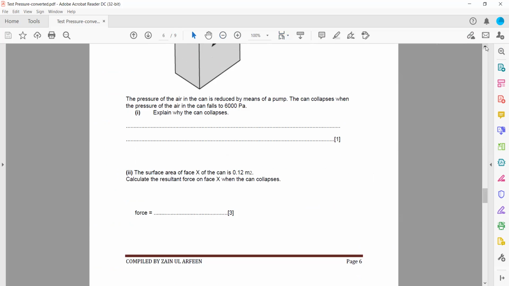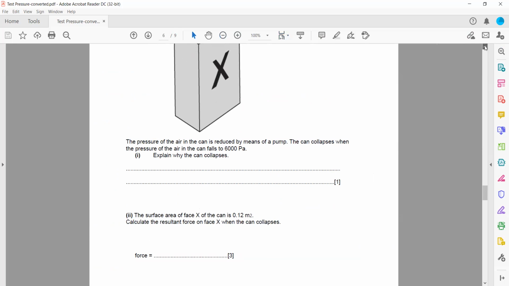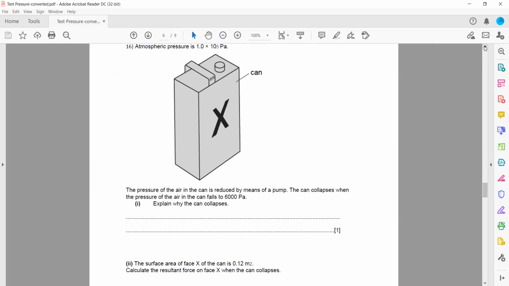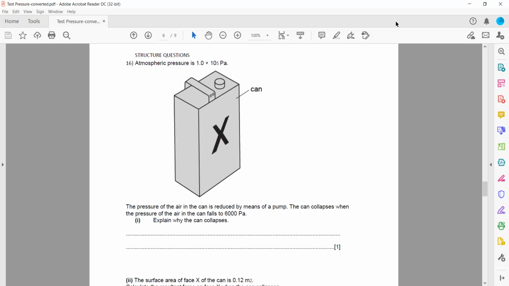In this question, this is a structure question. The atmospheric pressure is 1 exponent 5 Pascal. Atmospheric pressure means pressure from outside.